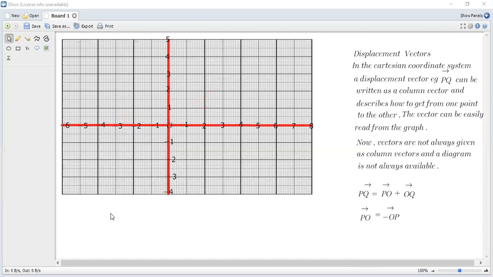Alright, sorry about that. Alright, so please note that for displacement vectors, you have to have the two position vectors. Bear that in mind.